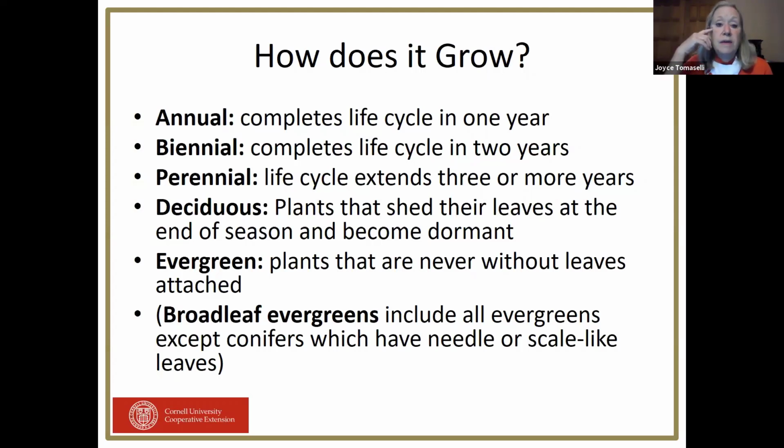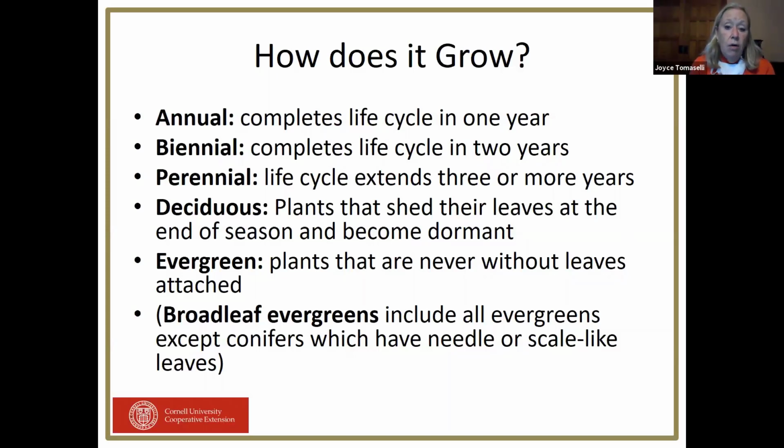A perennial is something whose roots survive just fine in our winters, and they tend to be long-lived, 3 or, more often, many more years. Deciduous plants shed their leaves. Trees and shrubs become dormant. Our perennials tend to die back all the way. The deciduous tend to keep their woody bits, and they just shed their leaves.